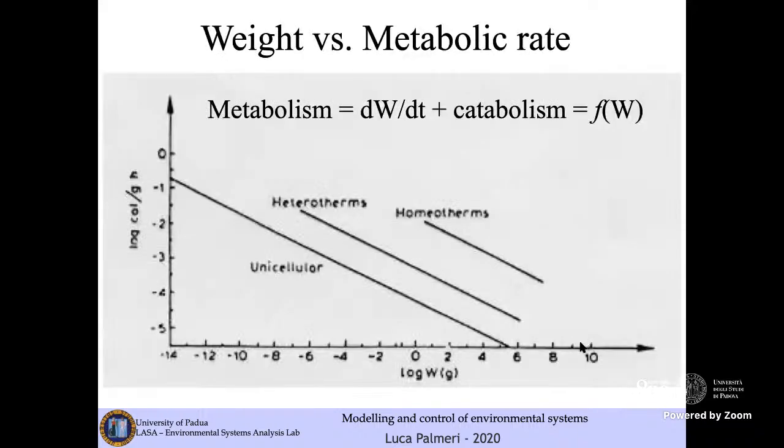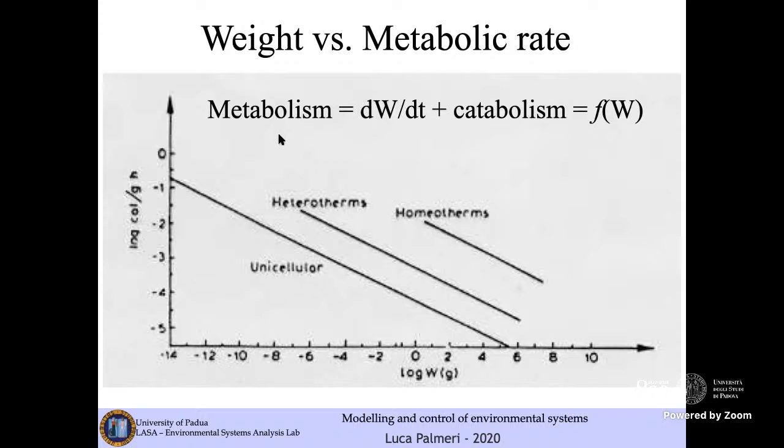By this kind of consideration, you may find allometric relationships that link, for example, with another example of a log-log plot, the weight of the animal to the consumption in terms of metabolism, the energy consumption of the animal.